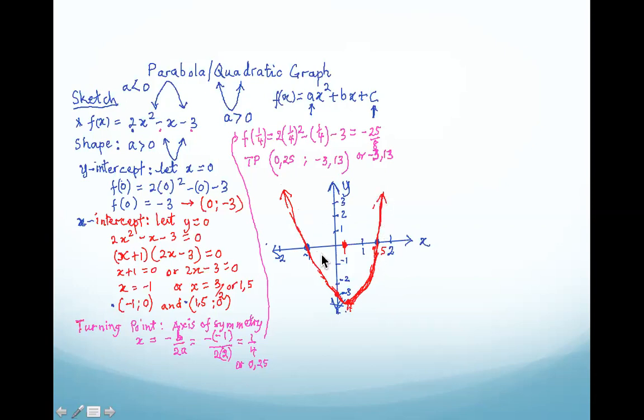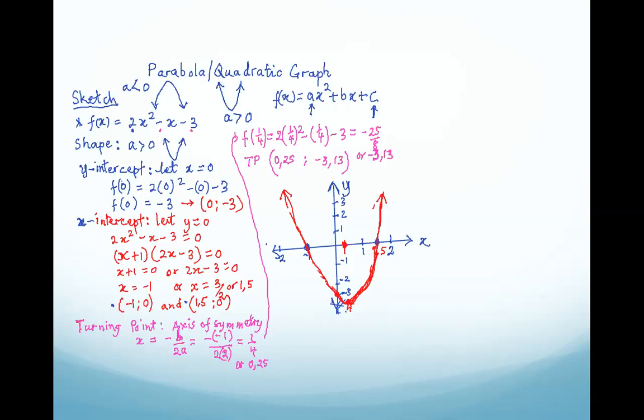So learners, this is basically how to draw the parabola. You need to remember one thing, that you need to know the shape of the parabola, whether it is an N shape or a U shape. You need to know the x-intercepts. The parabola in this case has two x-intercepts, though there can be other conditions. But you also need to find the y-intercept, which is easy to find by making x equal to 0.